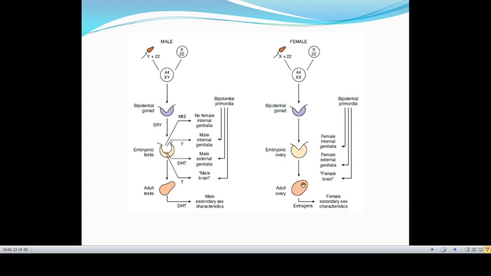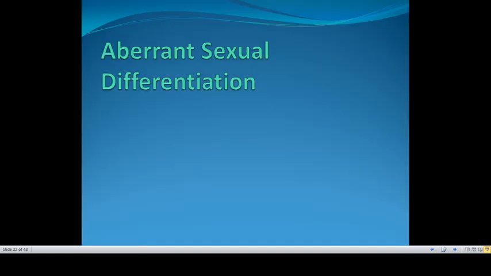Okay, we now move on to the next section, which is aberrant sexual differentiation. In this section, we shall study various disorders which can result due to abnormal sexual development.